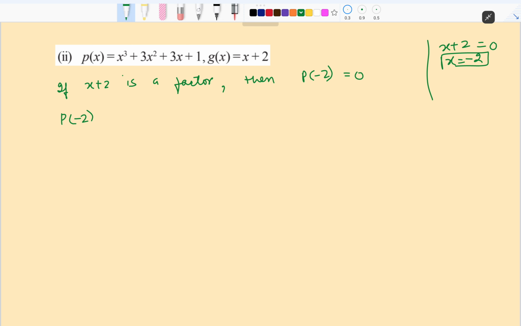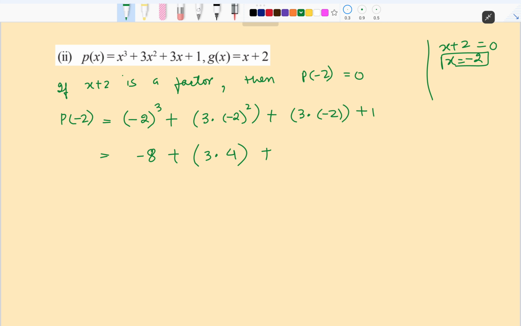Let's look for P of minus 2. It's minus 2 cube plus 3 into minus 2 square plus 3 into minus 2 plus 1. Minus 2 cube is minus 8, plus 3 into minus 2 square is 4, plus 3 into minus 2 is minus 6, plus 1, which is minus 8 plus 12 minus 6 plus 1.